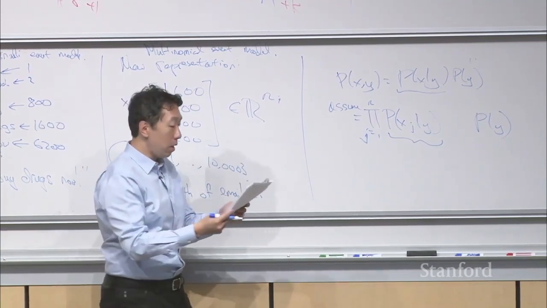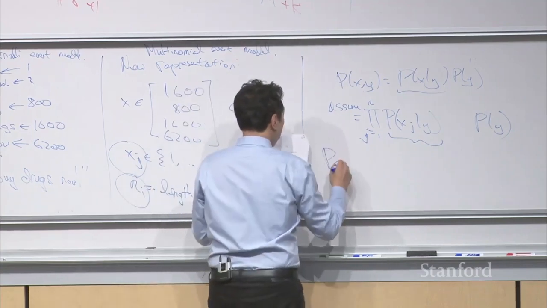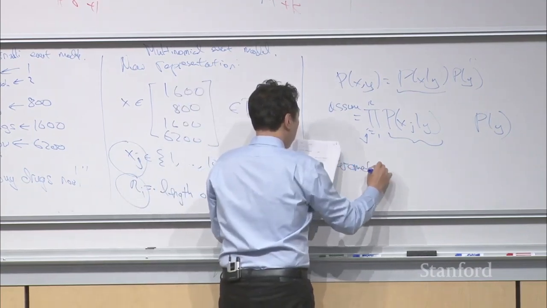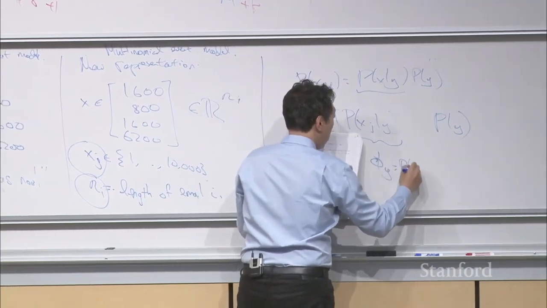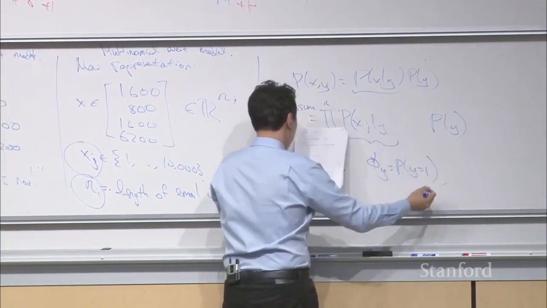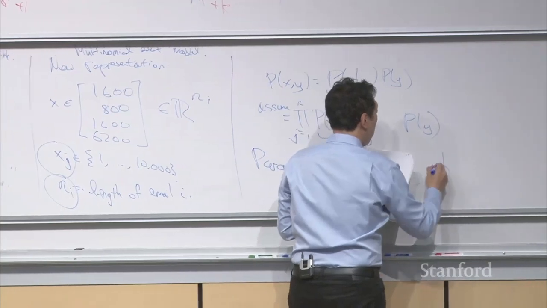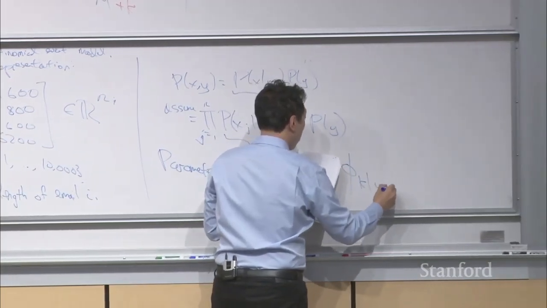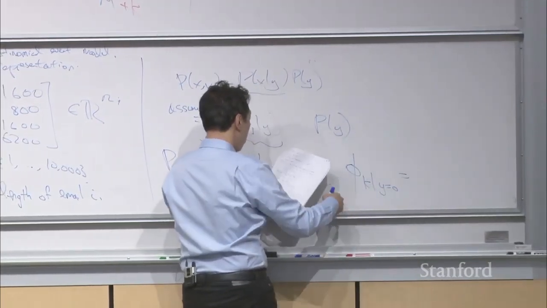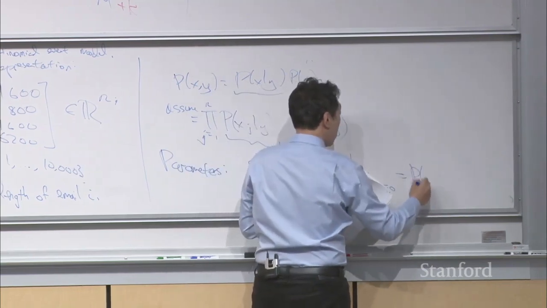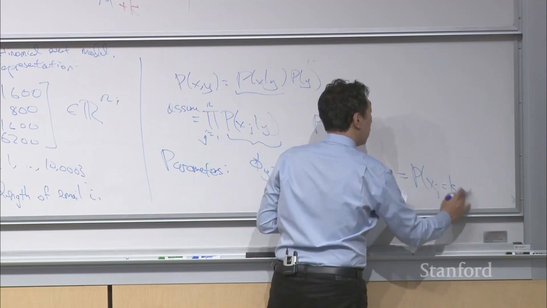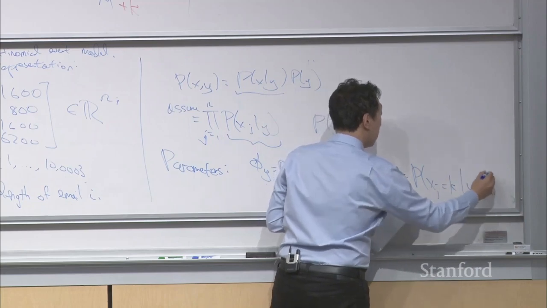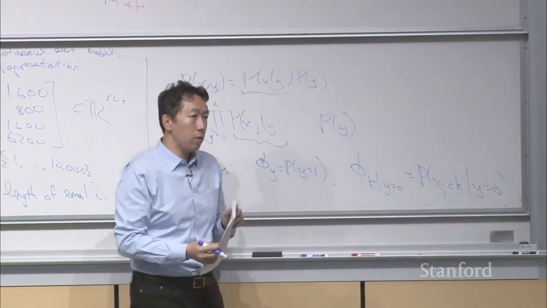And it turns out that with this model, the parameters are, same as before, phi y is the probability of y equals 1, and the other parameter of this model, phi k given y equals 0, is the chance of xj equals k given y equals 0, right?